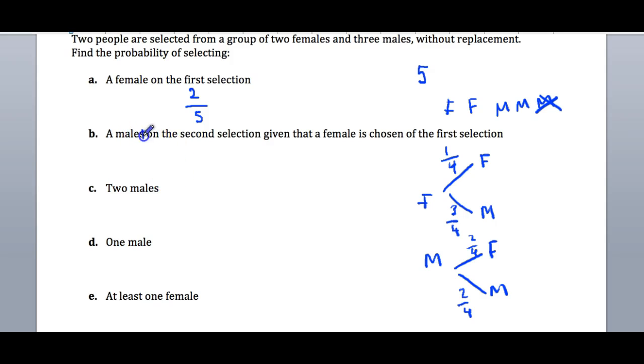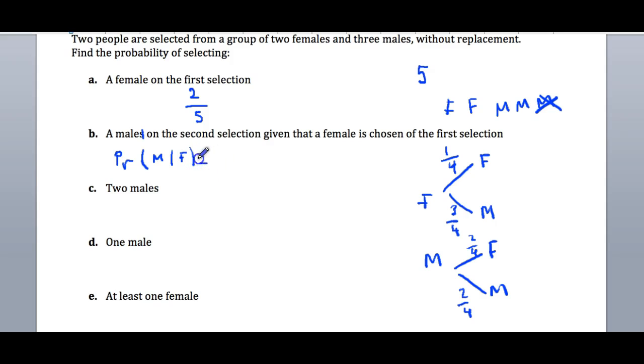I think that's a male on the second selection, given that the female is chosen on the first selection. So this is a conditional probability question. So male given female. All right, sorry, I just had to pause, so I don't know what I was talking about. All right, probability of male given female.